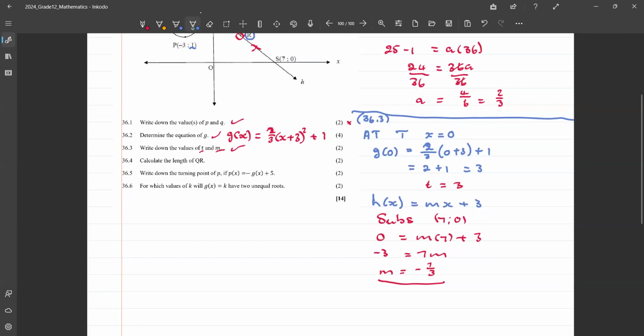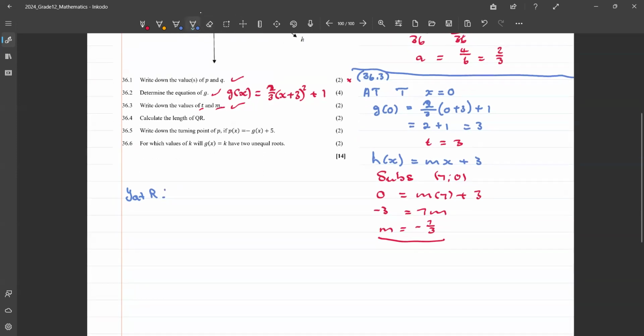So what is the y at r? We have to rewrite the equation of our straight line. But the beautiful thing is that we have already determined t and m, so we are not going to worry that much. We have negative 7 over 3 x plus 3.